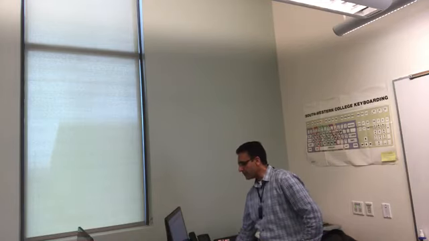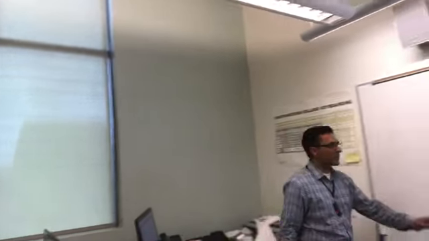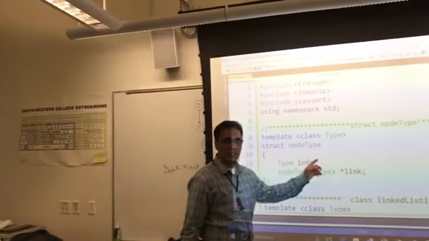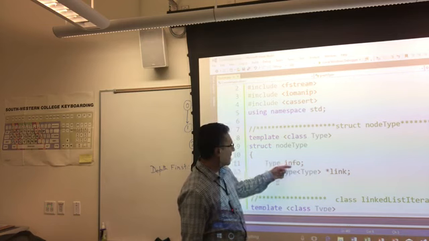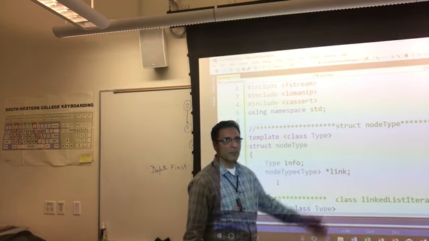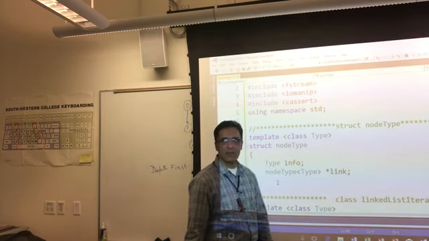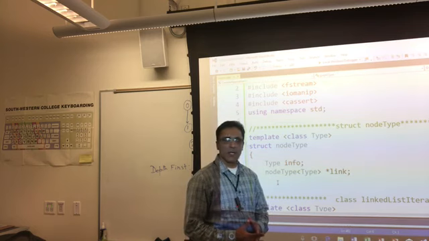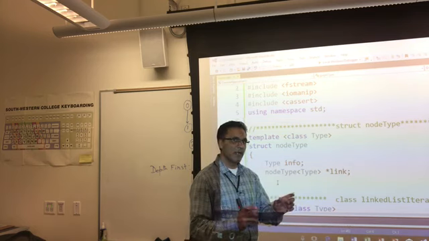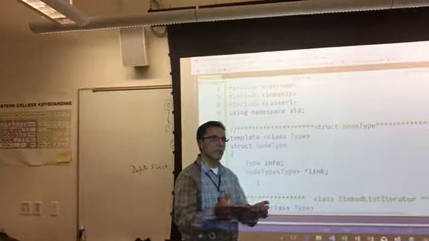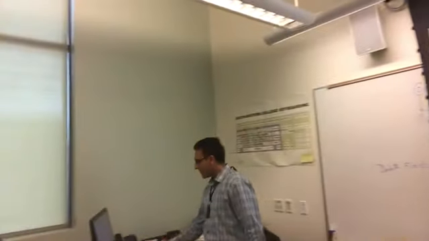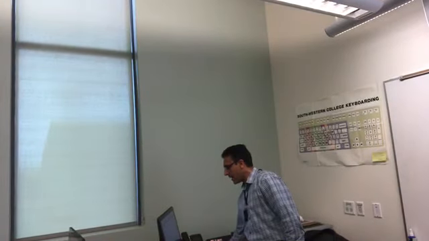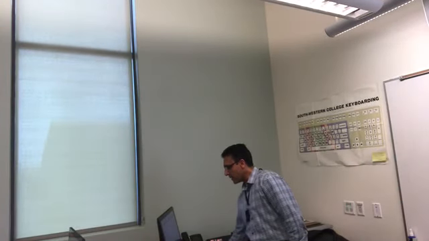Here's my node type, just for the lecture, for the recording. Here's my struct node type, info, and link. This is what we did in chapter 16, if you remember, so we are very familiar. It's just a node. I can store the data, and I can have a link to connect with the next node. And then I have my linked list iterator.